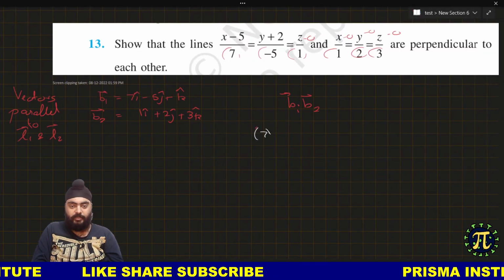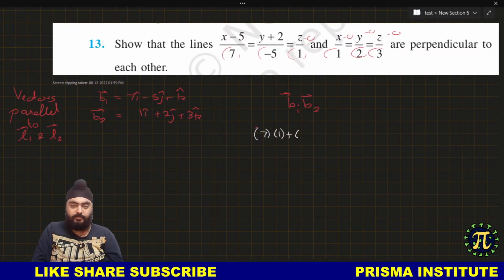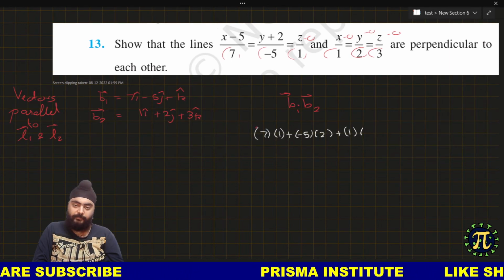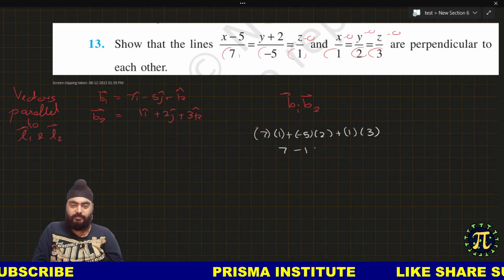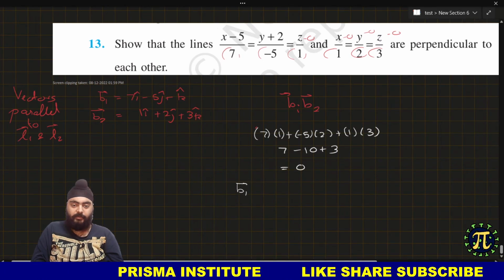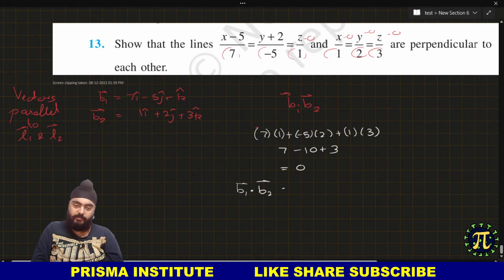So 7 into 1 plus में -5 into 2 plus में 1 into 3, which is 7 minus 10 plus 3, which is 0. So I find b1 vector dot b2 vector is 0.